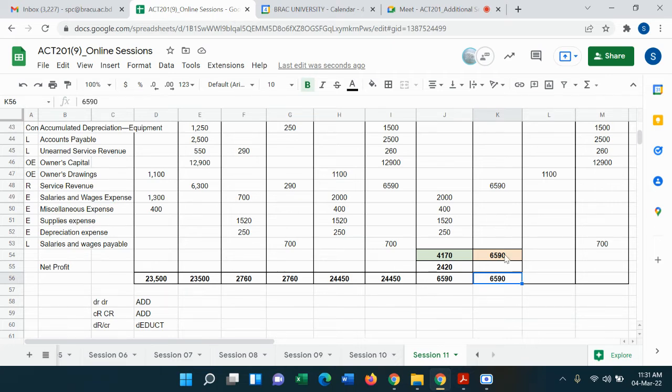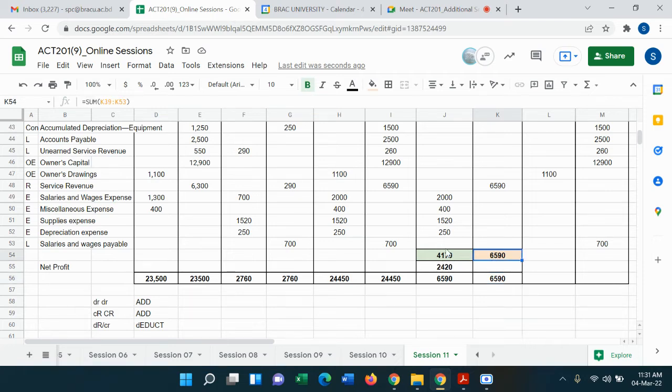Have you understood why I explain it this way? Just to make it easy for you, firstly you have to keep in mind that both sides need to be equal, and to make them equal, we need to find the difference of both sides and record it.